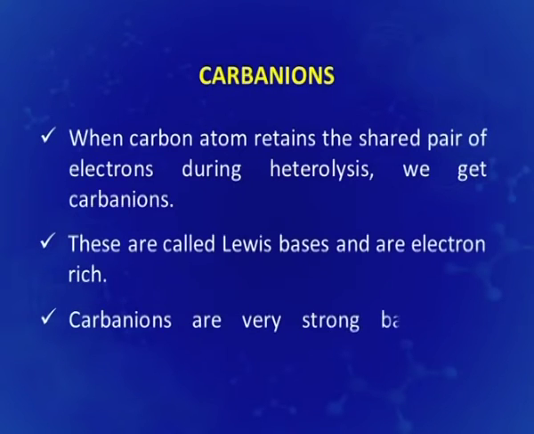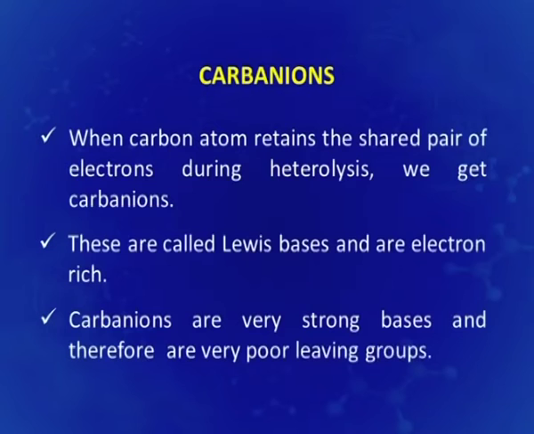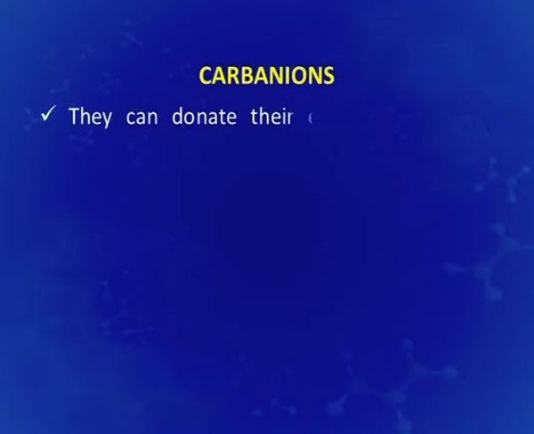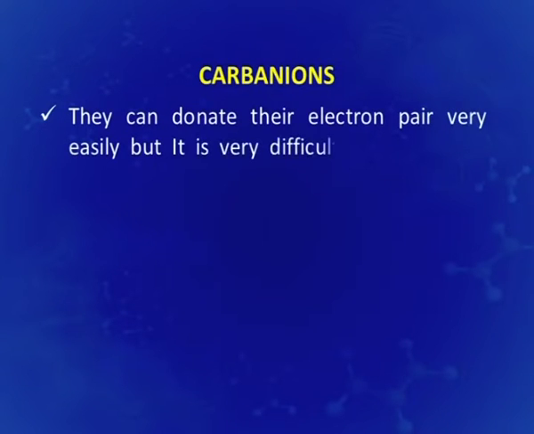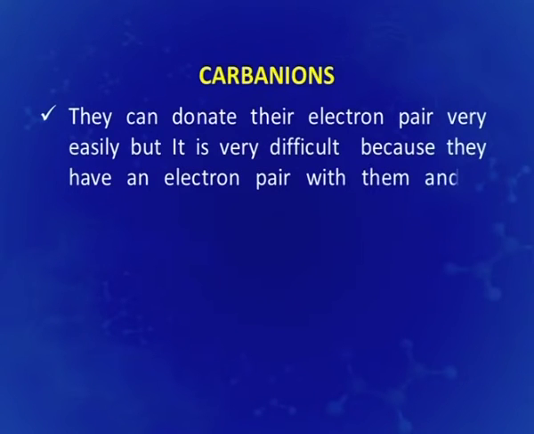Carbanions are very strong bases and therefore are very poor leaving groups. What exactly we mean by this is that carbanions are very strong bases. That means they are the ones who can donate their electron pair very easily, and it is very difficult to detach them from the parent molecule because they have an electron pair with them.